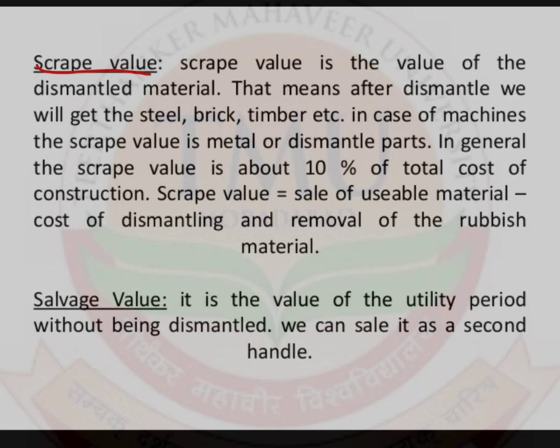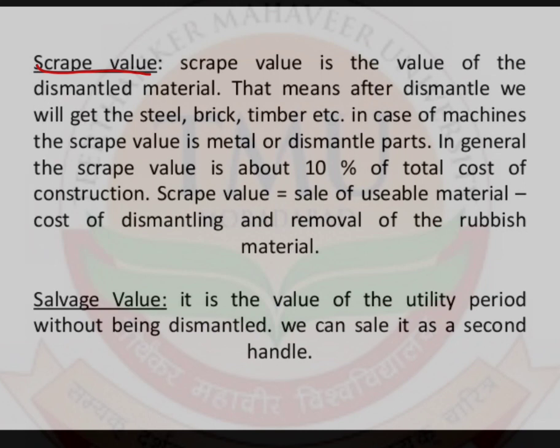So how would you find out the scrap value? Sale of usable material minus cost of dismantling and removal of the rubbish material. That means not only the cost of material is there.